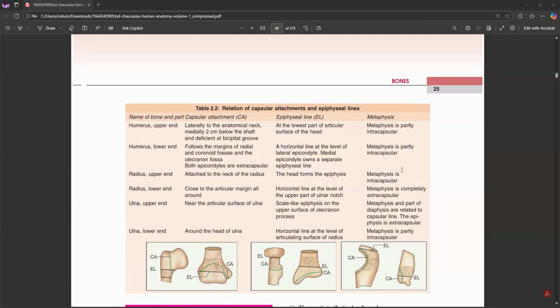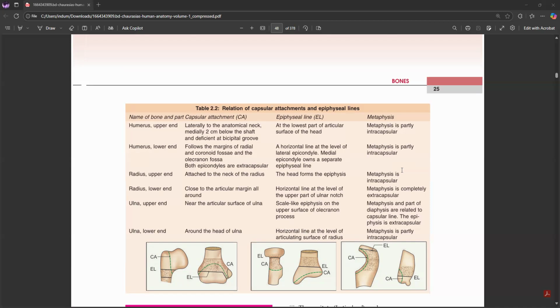Name of the bone and part, capsular attachment, epiphyseal line, metaphysis. Humerus, upper end. Laterally to the anatomical neck, medially 2 cm above or below the shaft and deficient at bicipital groove. At the lowest part of articular surface of the head. Metaphysis is partly intracapsular.